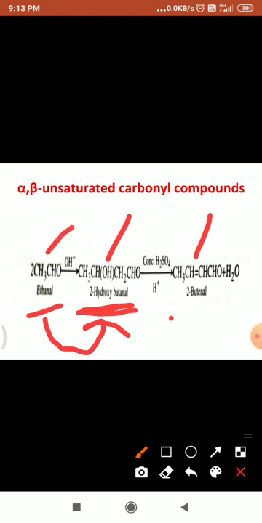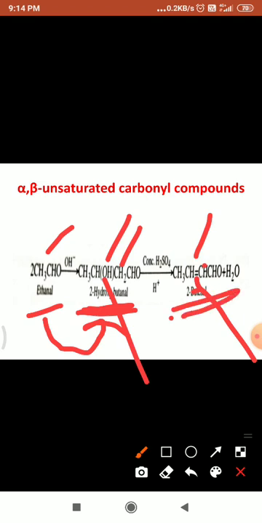The OH is lost from here and H from this carbon, and a double bond is formed between the two carbons, between the alpha and beta carbons. Hence, this is an alpha beta unsaturated carbonyl compound. The name of this compound is 2-butenal.